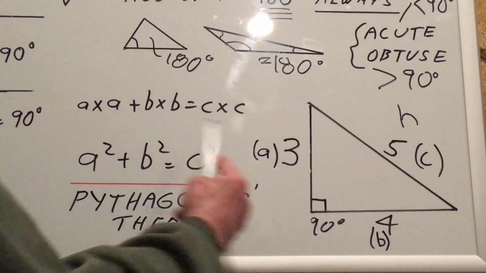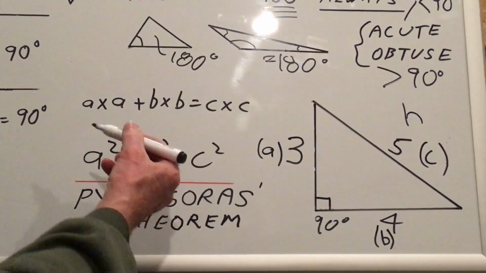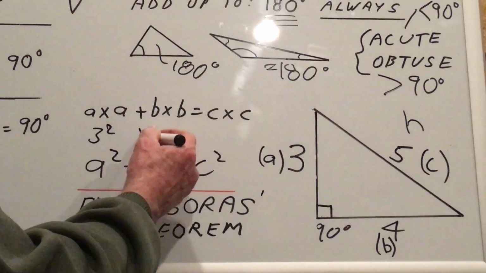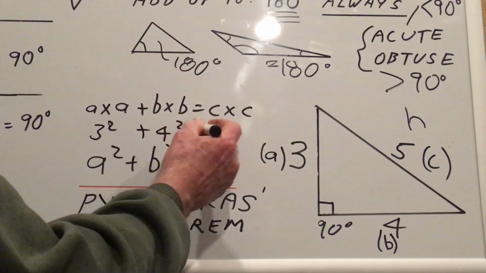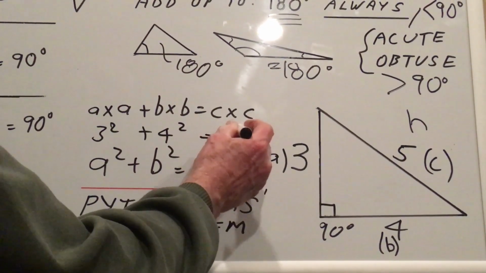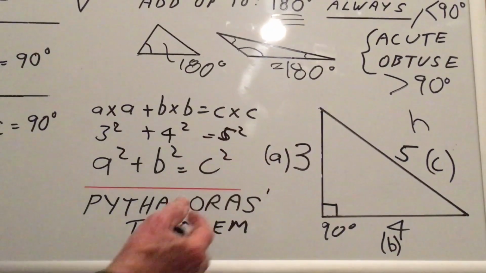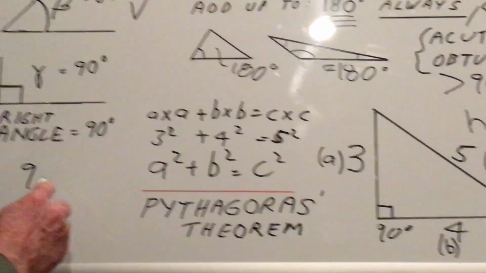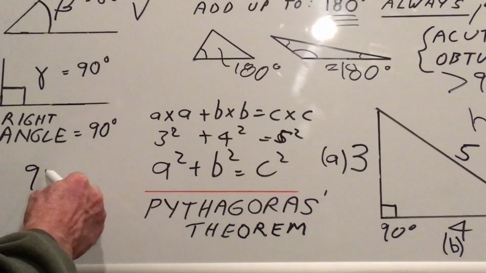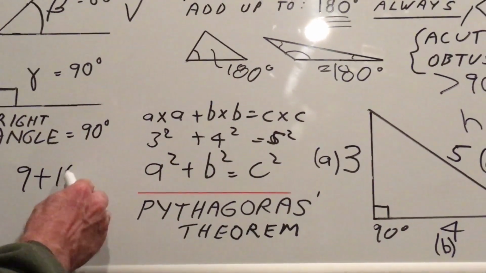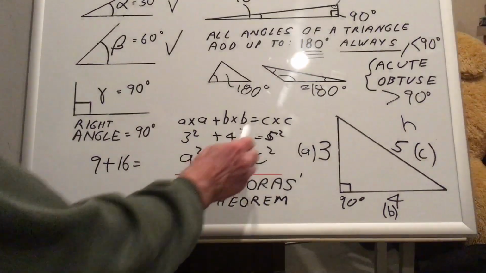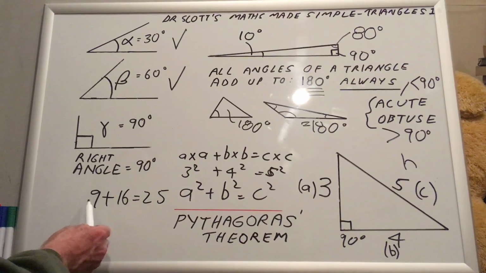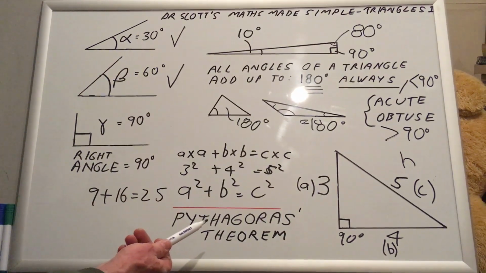And if we try it out, you'll see that 3 squared plus 4 squared equals 5 squared. 3 squared is 9. Agreed? 4 squared is 16. 9 plus 16 equals 5 squared, which is 25. And if you work that out, 9 plus 16 does equal 25.